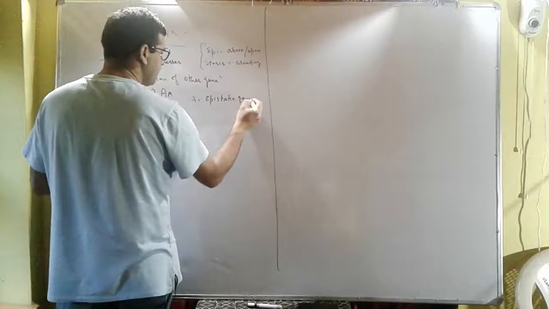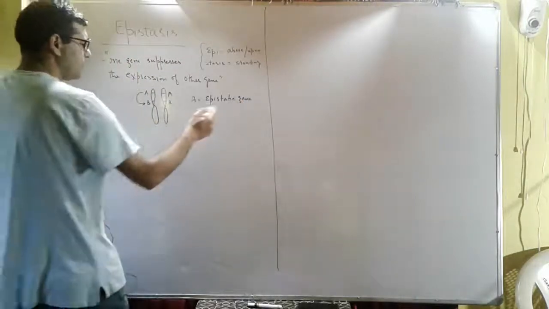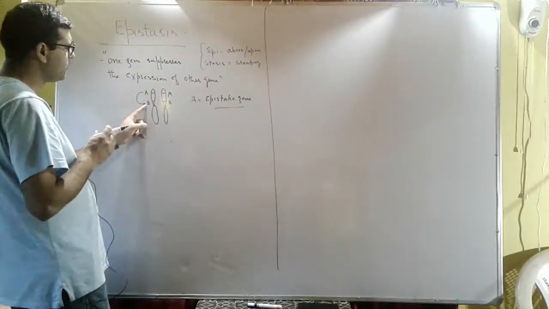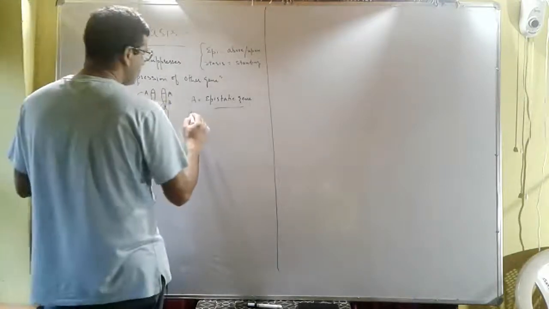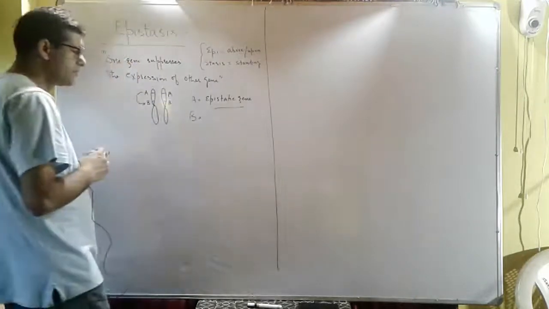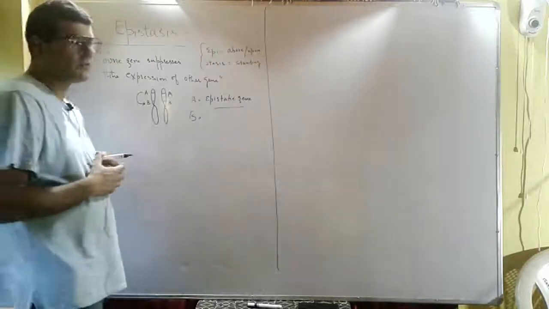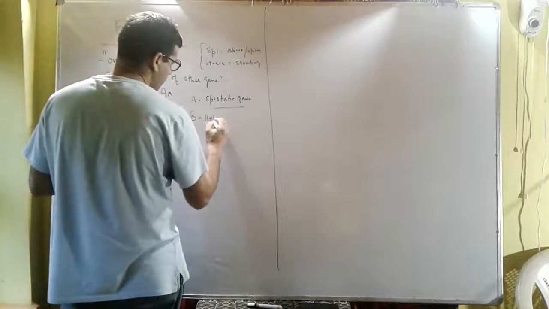The gene which inhibits the expression of another gene is known as the epistatic gene. In this case A gene inhibits the expression of B gene, that is why it is called the epistatic gene. And the gene whose expression gets suppressed or masked is called the hypostatic gene.